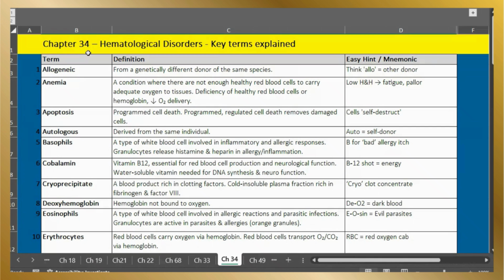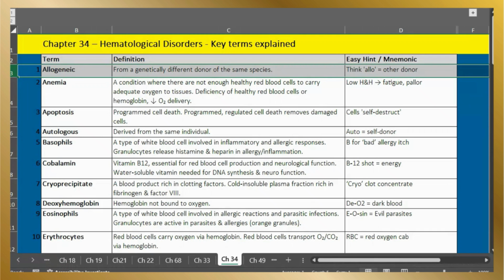And chapter 34 has the same as the previous one, 45 key terms, so it's a long chapter. So we go one by one. I'm going to highlight each of them, and here you can also see the easy hint for how you can memorize them, in case you are not familiar with them.